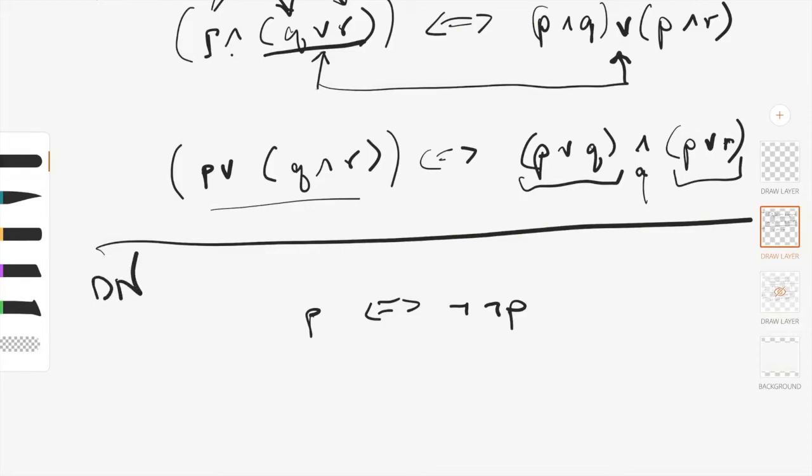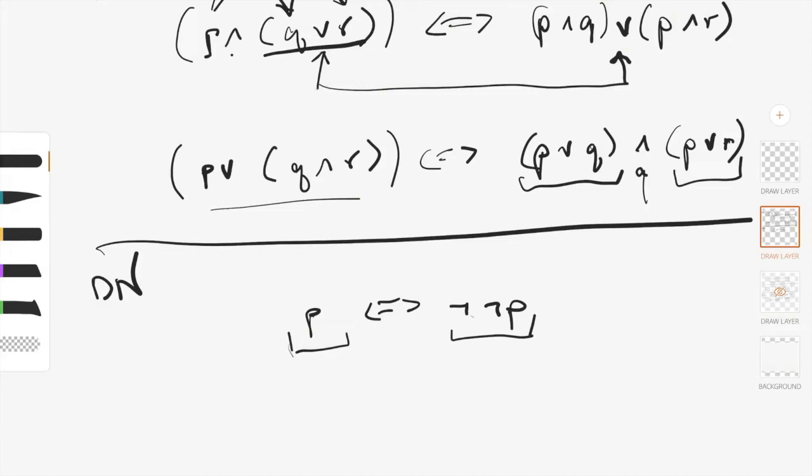Double negation is pretty obvious, but you can construct a truth table to prove to yourself that these two expressions are logically equivalent. But double negation gives us an opportunity to point out something that's important to remember. If you have P in an expression, you can substitute not not P for it. And conversely, if you have not not P in an expression, you can substitute P for it.